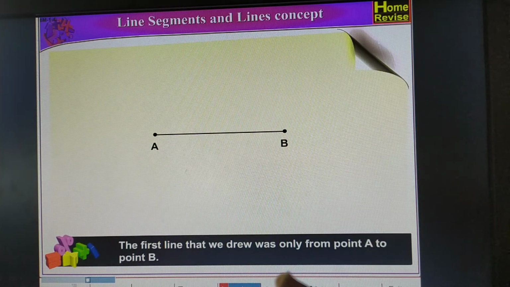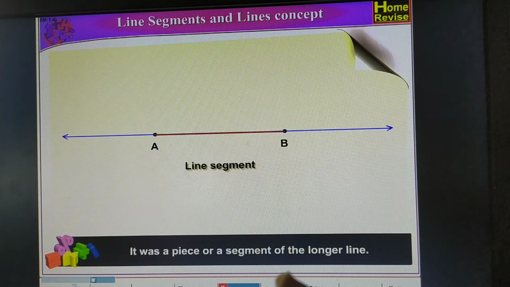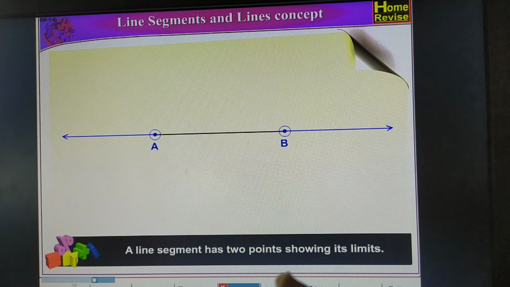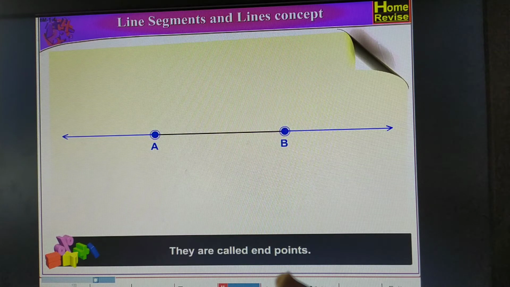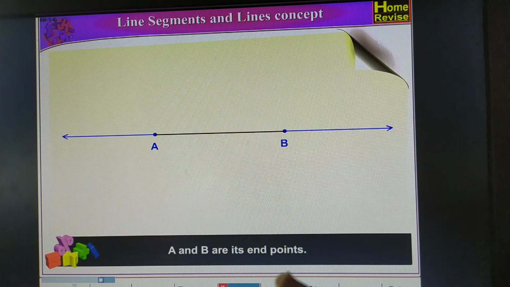The first line that we drew was only from point A to point B. It was a piece or a segment of the longer line. A line segment has 2 points showing its limit. They are called endpoints. We write line segment AB as segment AB in short. A and B are its endpoints.